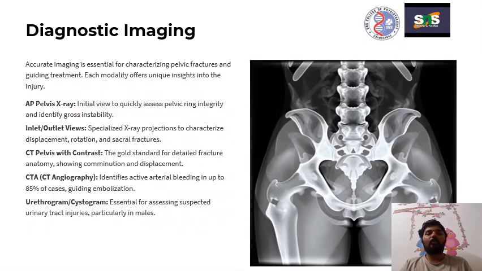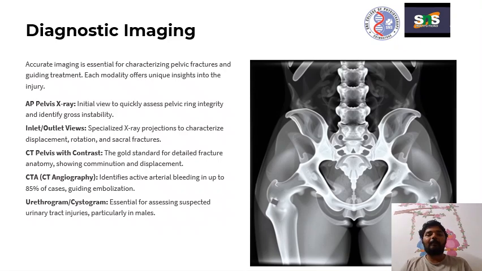Then the anteroposterior pelvis X-ray. This is the initial view to quickly assess the pelvic ring integrity and identify gross instability. Then inlet and outlet view, specialist X-ray projections to characterize displacement and rotation and sacral fractures.